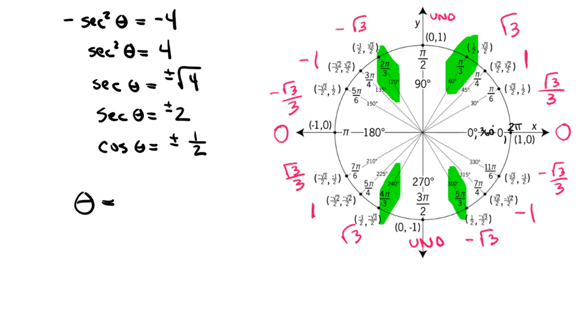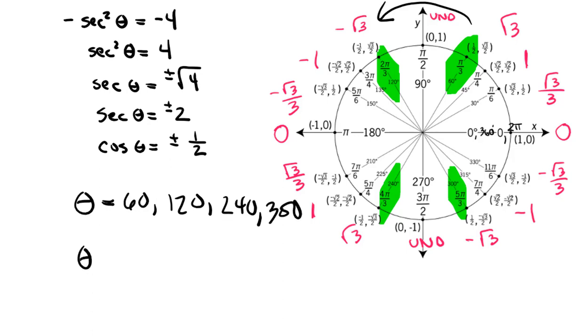So it's kind of up to you how you want to write your answers. Some textbooks will just write them in order. So if you were to do that, you would just go around the unit circle in a counterclockwise direction. So you could say 60 degrees, then 120 degrees, then 240 degrees, and lastly 300 degrees. So that's one way you could write those.